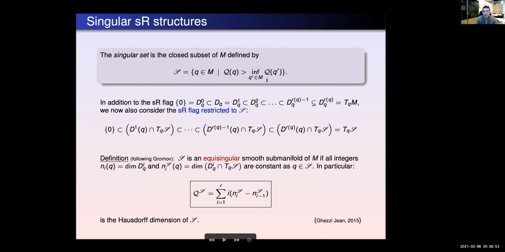So we immediately feel that we have to introduce a new filtration, which is the filtration before, but restricted to the singular set.